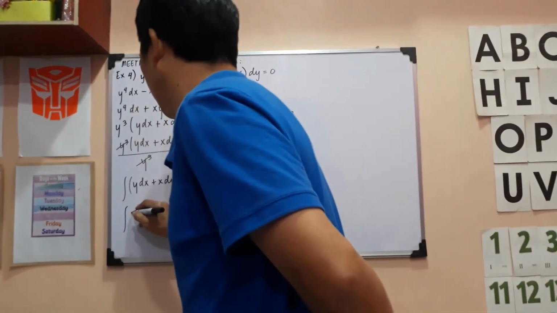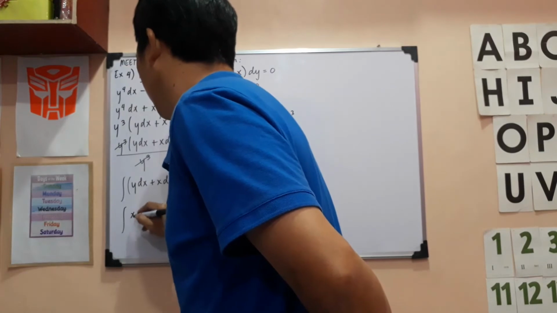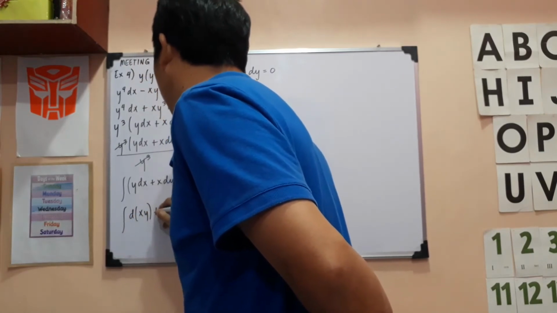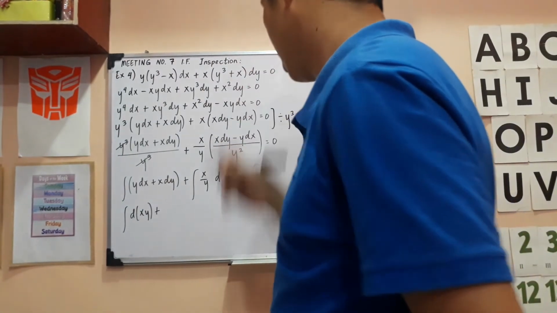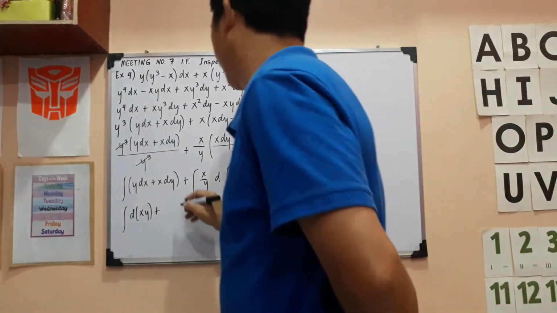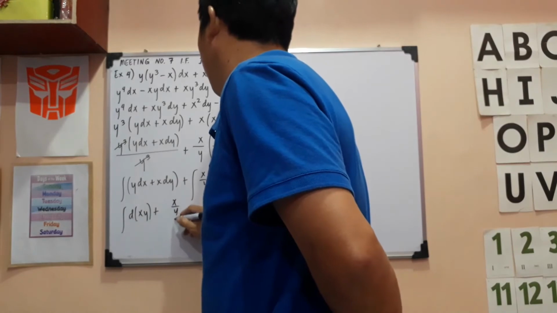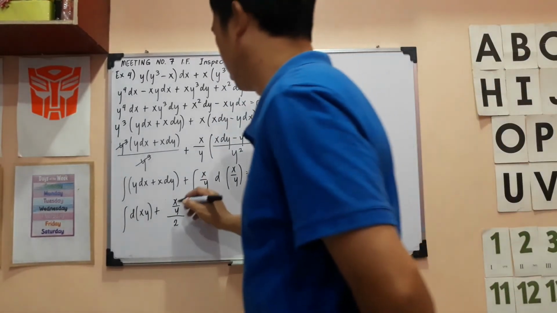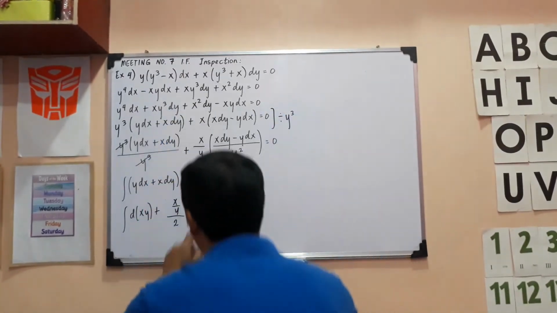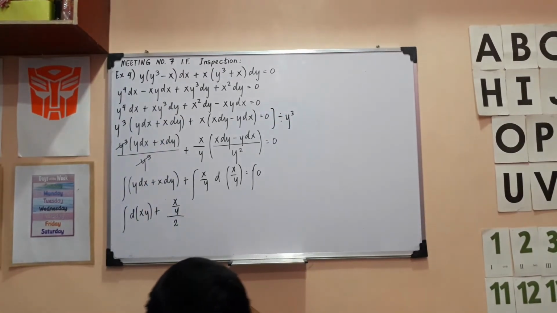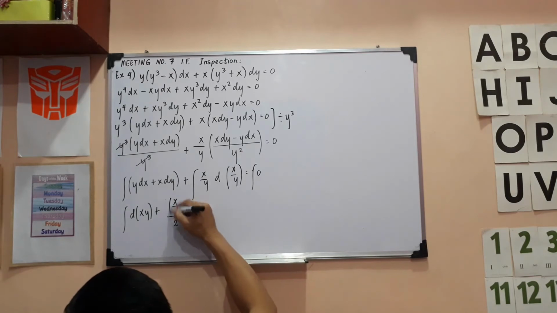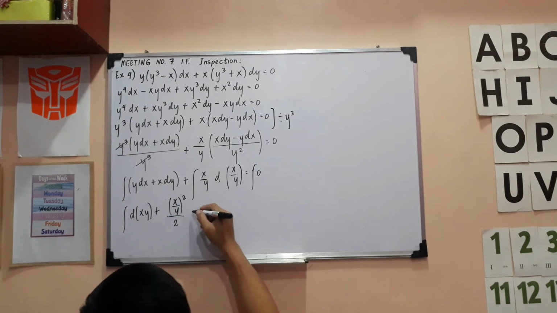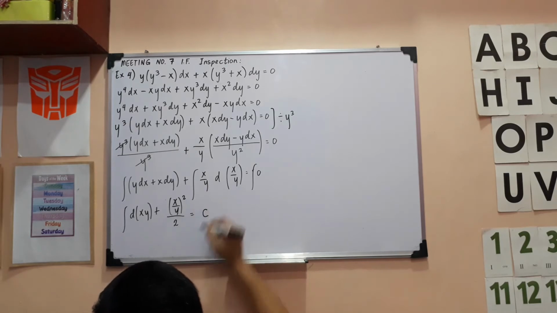So, this is now the integral of xy. Ayan. The integral of the derivative of xy. And then, this is now x over y over 2. Then, square. Paano nangyari yon? Ang u natin ay ito, di ba? U square over 2. Oh, so, square. Yan. U square over 2. And then, is equal to c.